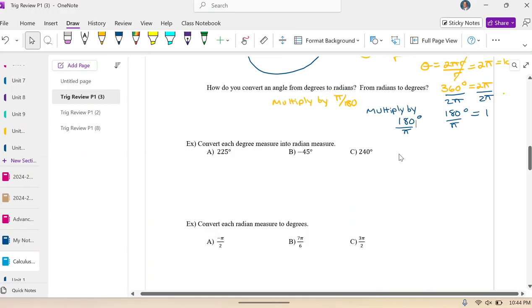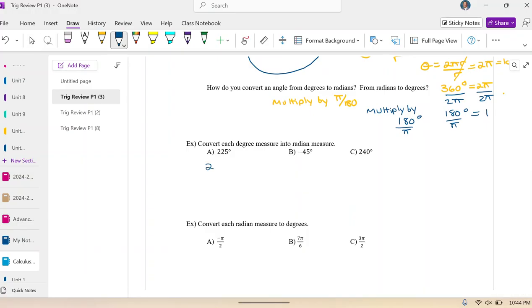So to go from degrees to radians here, you have 225 degrees times pi over 180. So 45 goes into 180 4 times, goes into 225 5 times, so it becomes 5 pi over 4. Negative 45 degrees times pi over 180.